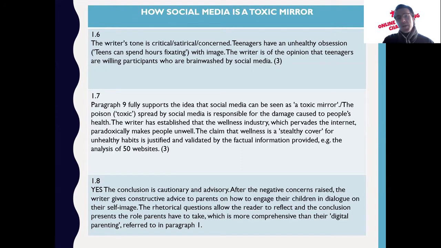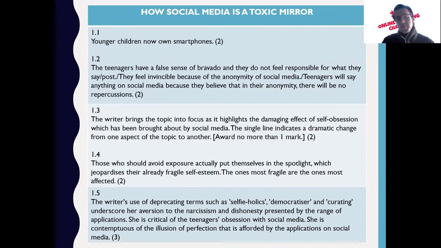Teenagers ultimately have an unhealthy obsession with image, so they can spend hours and hours fixating on this idea of image. The writer is of the opinion that teenagers are willing participants who are brainwashed by social media. This kind of brainwashing, in the eyes of the writer, is what is taking place amongst the teenage population, certainly when it comes to social media.